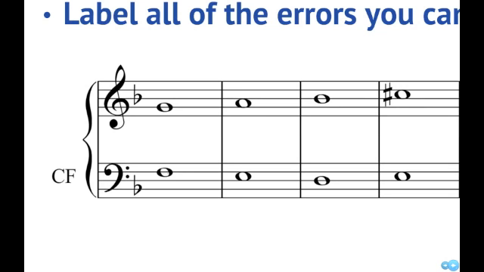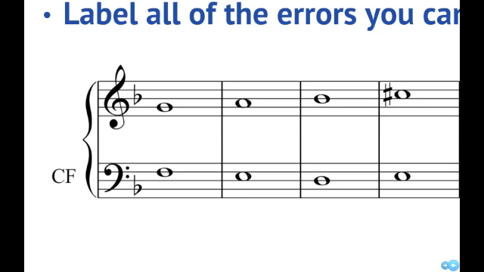Certain things in an error detection might jump out at you right away, like for instance an accidental that doesn't really belong in the key. But the first thing that you should always do in an error detection is label all your intervals, and when you do that, it'll become clear right away that we have a couple of dissonances that are an issue.